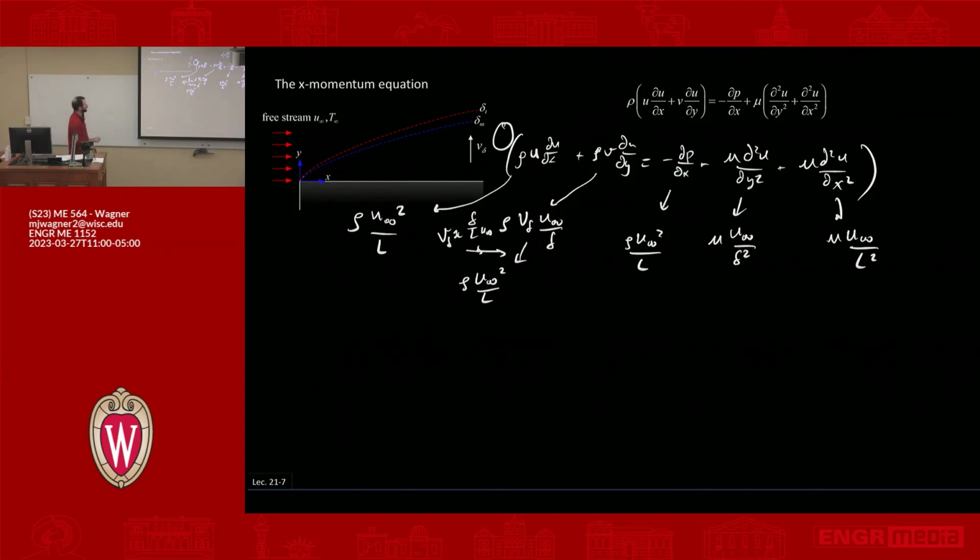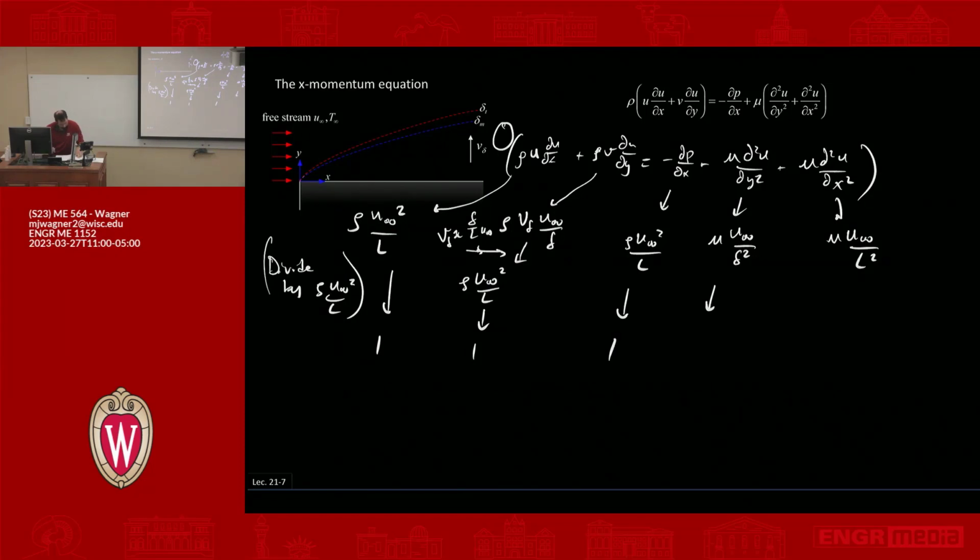All right, so what we can do to compare all these terms is go through and divide by this momentum term in all cases and see what we get. We would divide by rho u infinity squared over L. So then the first term becomes 1, second term becomes 1, third term becomes 1. The fourth term becomes something a little bit interesting.